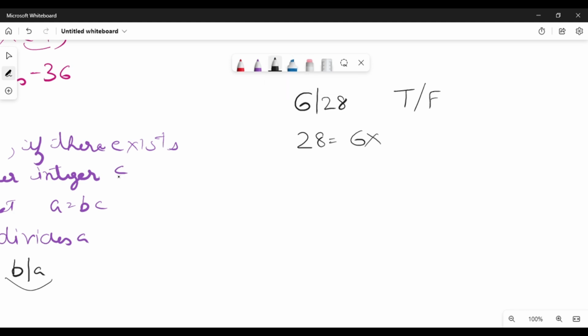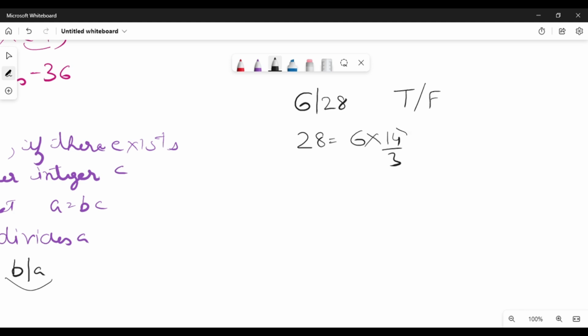With what fraction should I multiply 6 to get 28? If I multiply by 7 over 3, I won't get 28. I have to multiply 6 by 14 over 3, since 3 into 2 is 6 and 2 into 14 is 28.